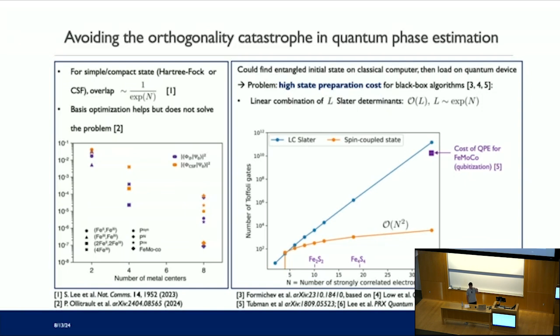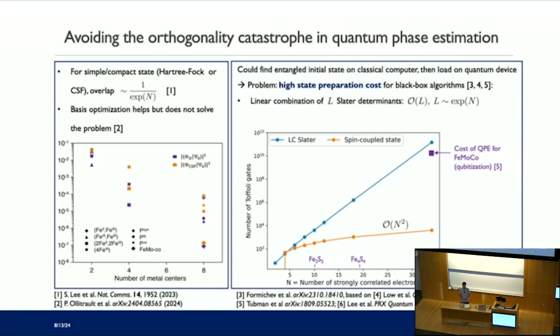But the idea is, if you were to assume that a state like the one I've showed you for bond breaking was accurate for describing the ground state of these iron-sulfur clusters, like FeMoco, which is on the right with 34 of these strongly correlated electrons, then the state preparation cost of a black box state preparation algorithm would be very high, like over 10 to the 10 Toffolis.